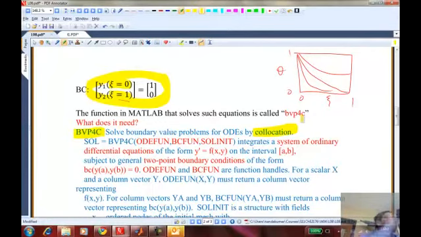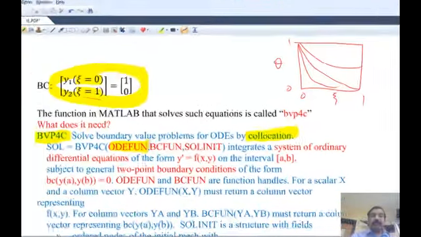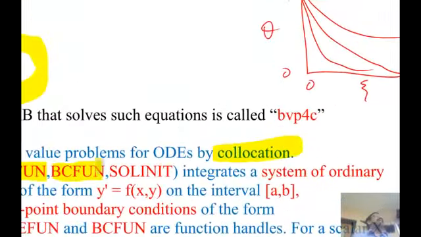But what you need to understand is whatever I have shown in red. ODE fun is the name of the function that you are going to write that defines these functions f1, f2 in this particular case. BC fun is another function that you are going to write that calculates the boundary conditions. A function is basically a rule that takes certain inputs and returns certain outputs.